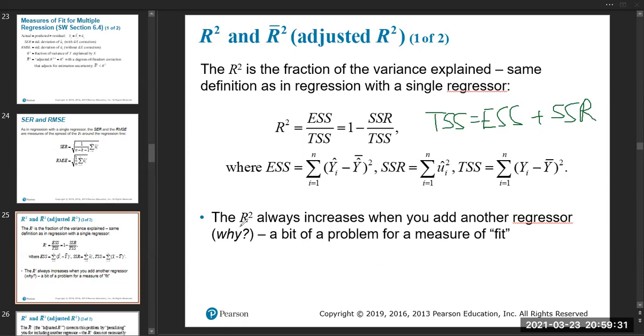R squared will always increase when you add another regressor. Why? Because you're always introducing something else that can explain the unexplained part. Think of class size. At the beginning, it's just class size explaining test scores. But then you think, maybe students' IQ matters. So students' IQ comes in and explains some of the variation not explained by class size.